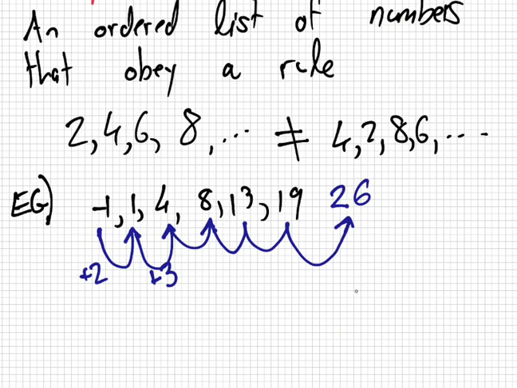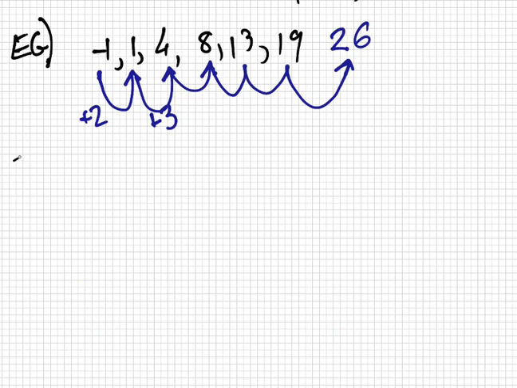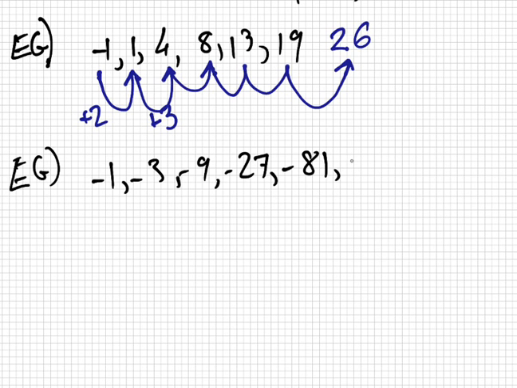Now, next one. -1, -3, -9, -27, -81, -243. Okay, what have I done here?